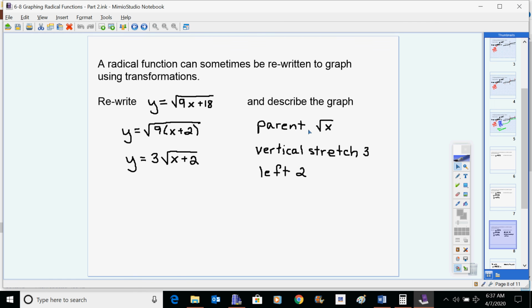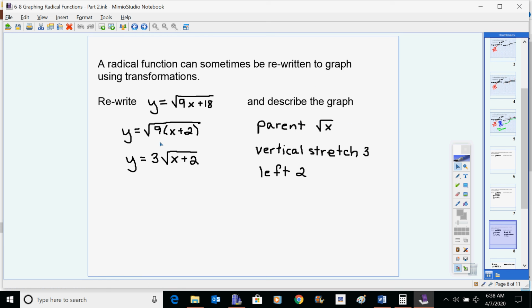Okay, the parent is this, so you need to identify the parent. You need to talk about what each one of the numbers in here actually tells you. Now, without factoring it, you can't actually tell what is really happening. So for now, we're having nice convenient ones that will simplify so that you can identify a very specific parent function.